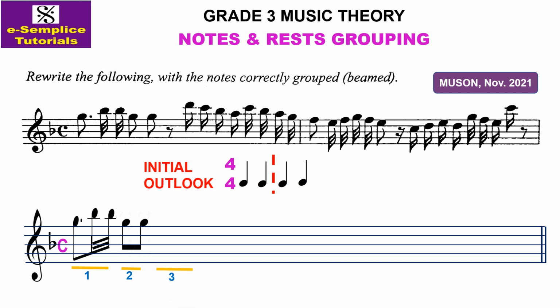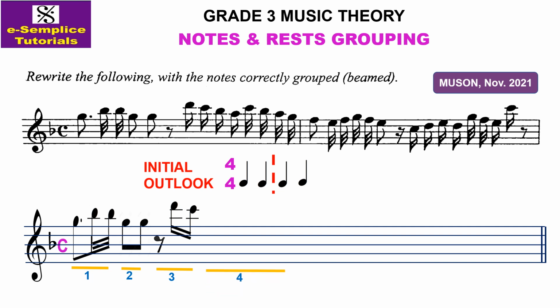Let's move to beat 3. Now, which of these notes will you group together to form the third crotchet? The quaver rest and 2 semiquavers will form another crotchet, the third beat.